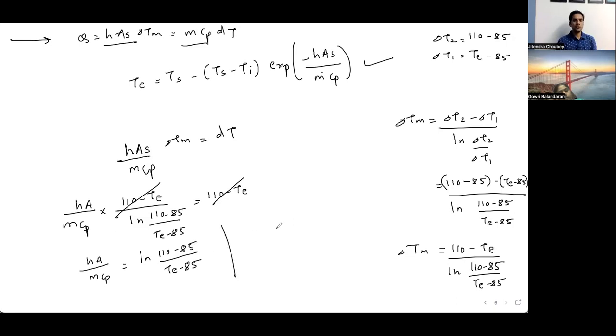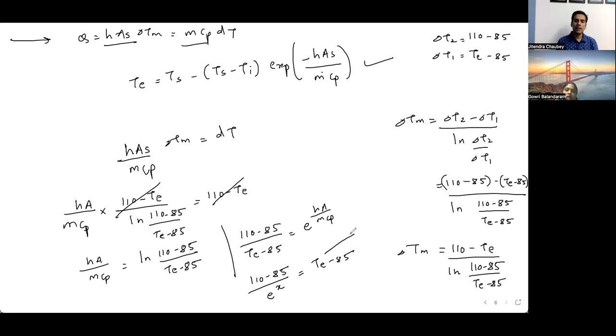Antilog is basically exponential. It will look like 110 minus 85 upon Te minus 85 is equal to e raised to hA upon m Cp. Now we can take this on the left side and this in the denominator, so this will look like 110 minus 85 upon e raised to x, let us say, equal to Te minus 85.